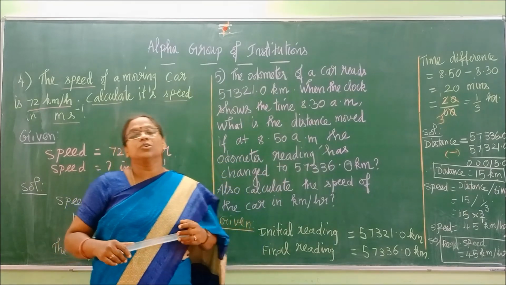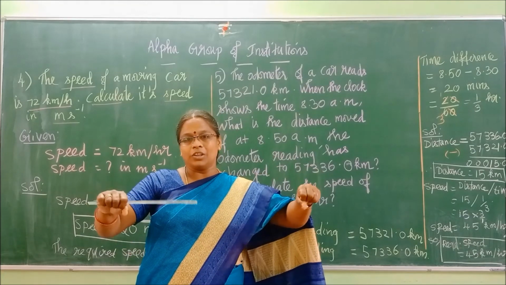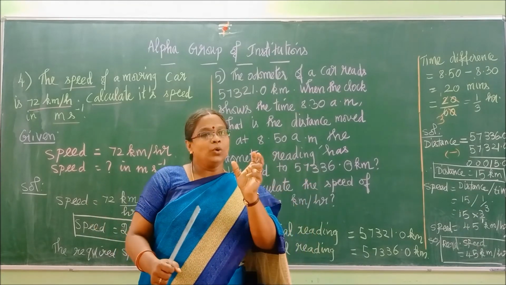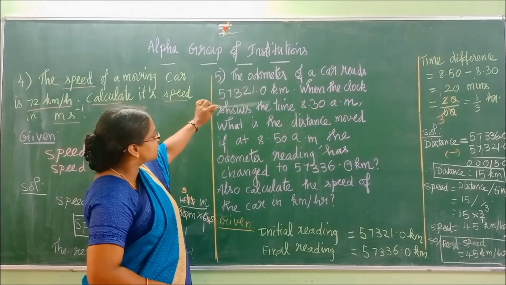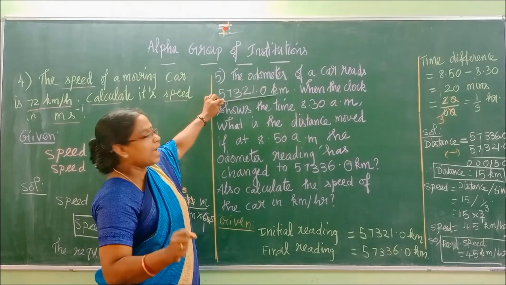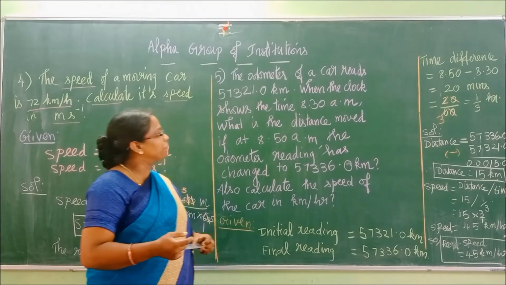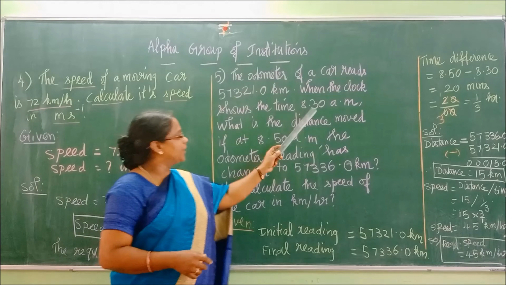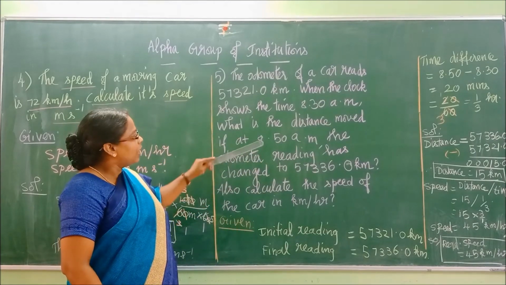Right? Odometer, I have told you in the video itself, it is the instrument in your writing section where you will see the distance. So there it reads, the first reading is, when you start the travel, the reading is this, 57321 kilometer. What time? 8:30. Now the car starts to travel.